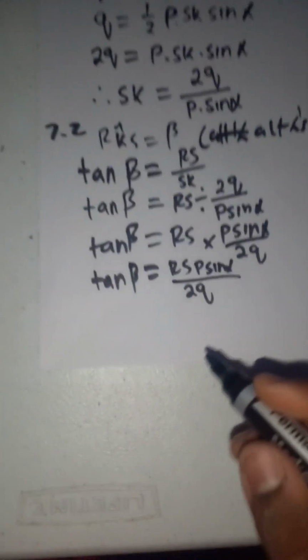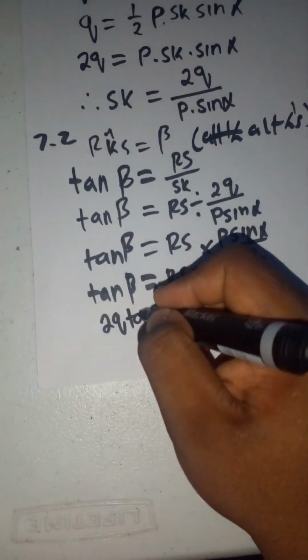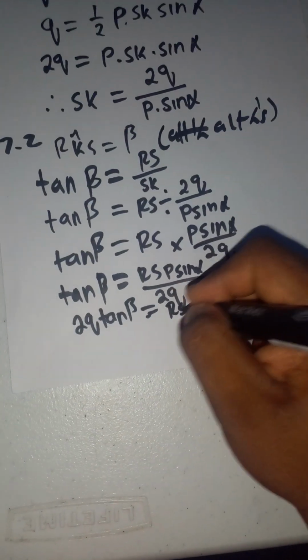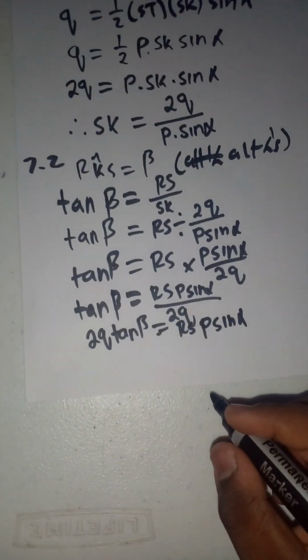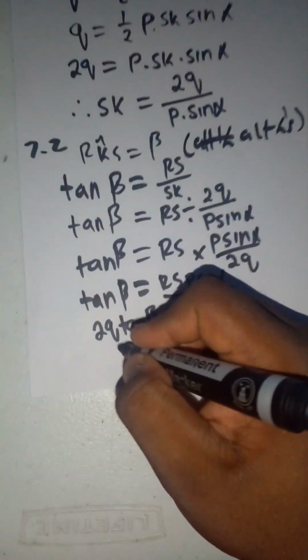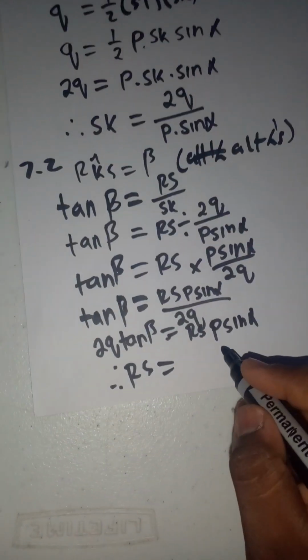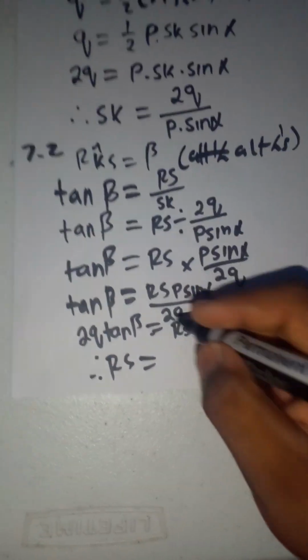After that, this is what will happen. You are going to cross multiply. So you'll have 2Q tan beta equals RS P sine alpha. And then, since they want the length of RS, therefore RS equals, we are going to divide both sides by P sine alpha, because you must be left with RS on that side.